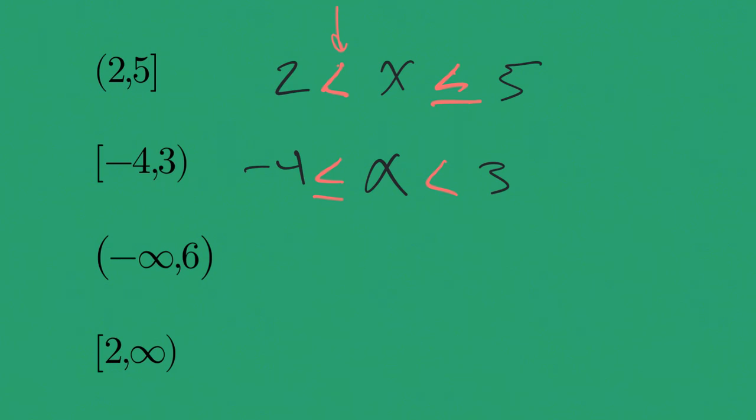Okay? Any questions with those two? All right, look at this next one. A little bit different. What this is telling us here is, and I'm going to graph this one for you, I'm going to show you on a graph what's going on with this one before we write the inequality.